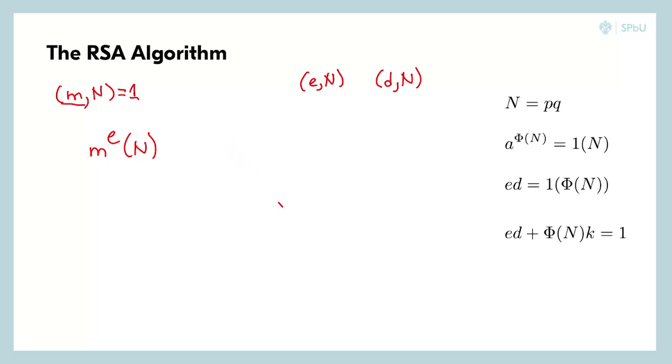We raise this number, M to the power E, to the power D, again modulo N. And this equals M to the power E multiplied by D modulo N. And because of this identity here, since D is the inverse element of E, we will have this.